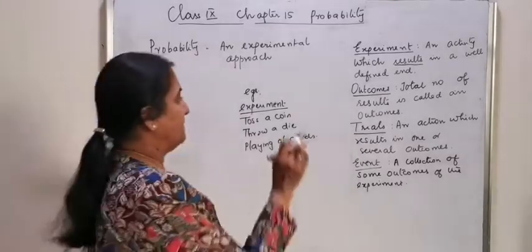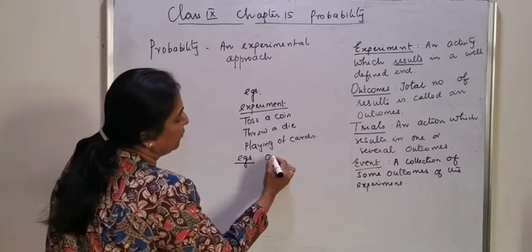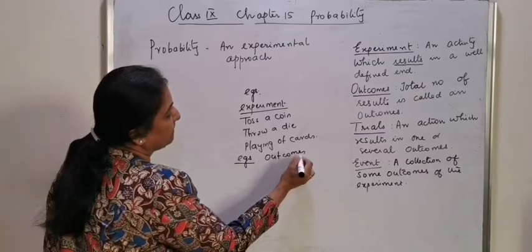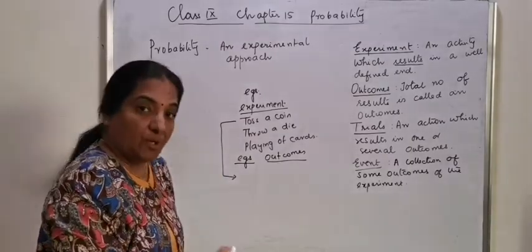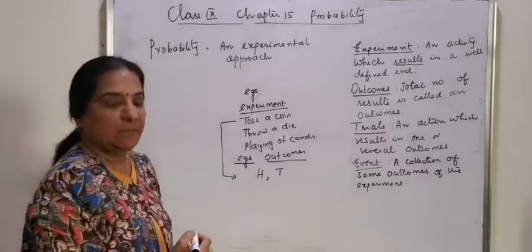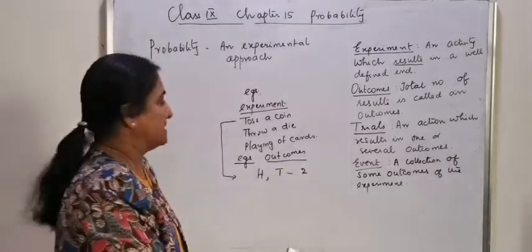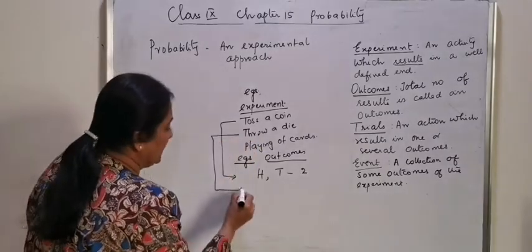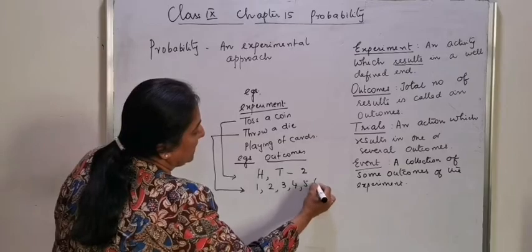Let's take examples for outcomes. When you toss a coin, the possible outcomes are head or tail. There are two outcomes or two results. When you throw a die, the outcomes are 1, 2, 3, 4, 5, 6.